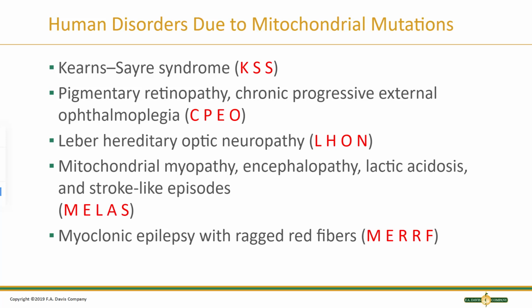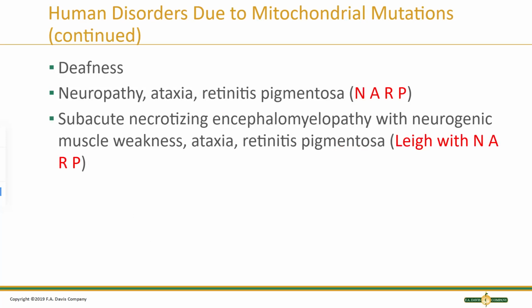Human disorders due to mitochondrial mutations are listed below. Kearns-Sayre syndrome, pigmentary retinopathy, chronic progressive external ophthalmoplegia, Leber hereditary optic neuropathy, mitochondrial myopathy, encephalopathy, lactic acidosis, and stroke-like episodes, myoclonic epilepsy with ragged red fibers, deafness, neuropathy, ataxia, retinitis pigmentosa, subacute necrotizing encephalomyopathy with neurogenic muscle weakness, ataxia, and retinitis pigmentosa.